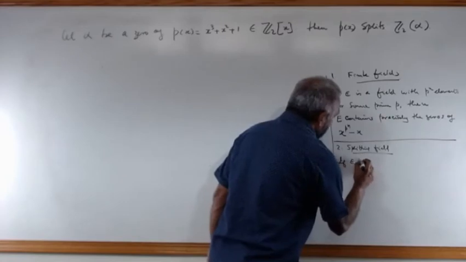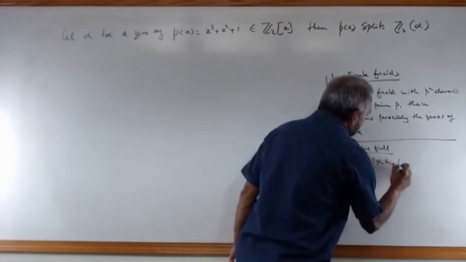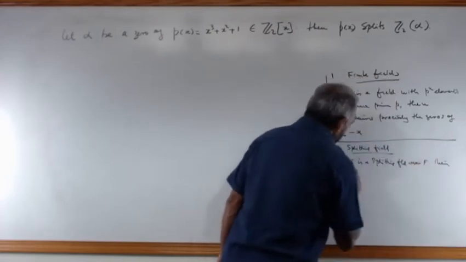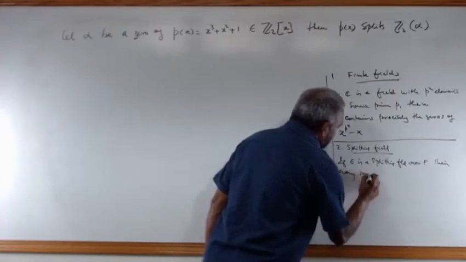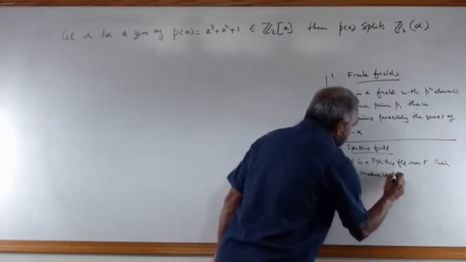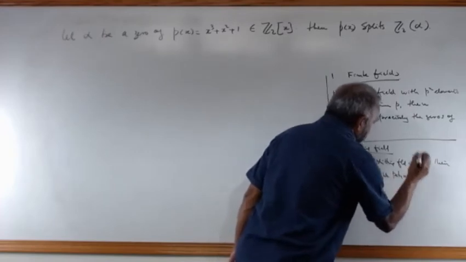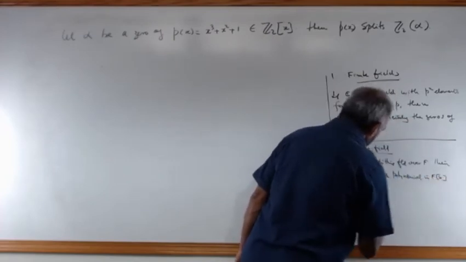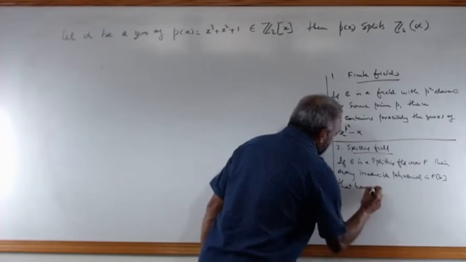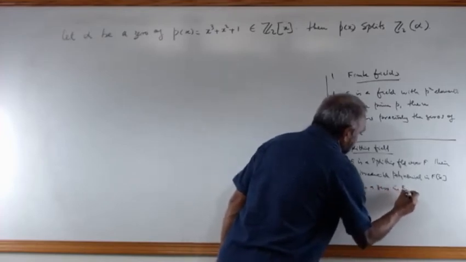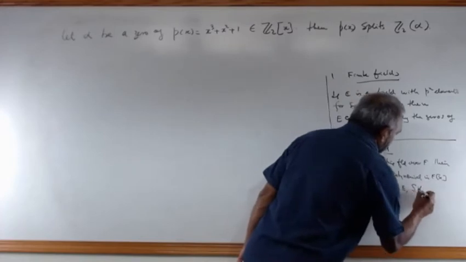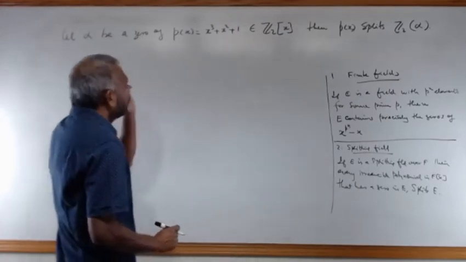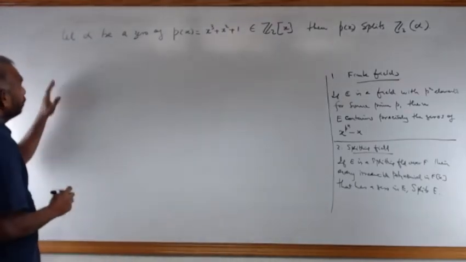If E is a splitting field over F, then every irreducible polynomial in F of x that has a 0 in E splits in E. So we are going to use both the results to do this problem.